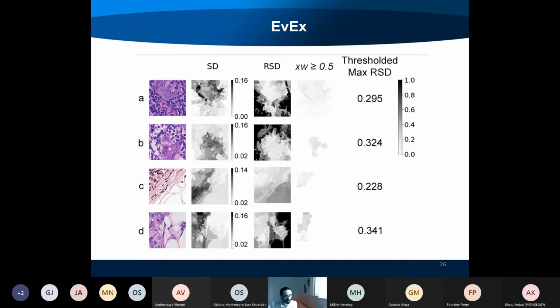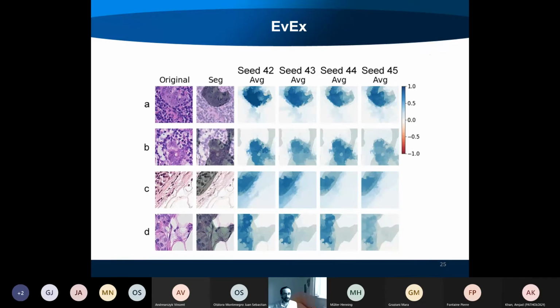For that particular pixel, it varied a lot, even if for us it doesn't look like a lot. So we looked at the relative standard deviation as well. We see that there are some regions here with very high relative standard deviation, but these coincide in this previous image to regions that have very low explanation weight. So this is exactly what was happening. The regions that vary the most are the ones that have the lowest weights.